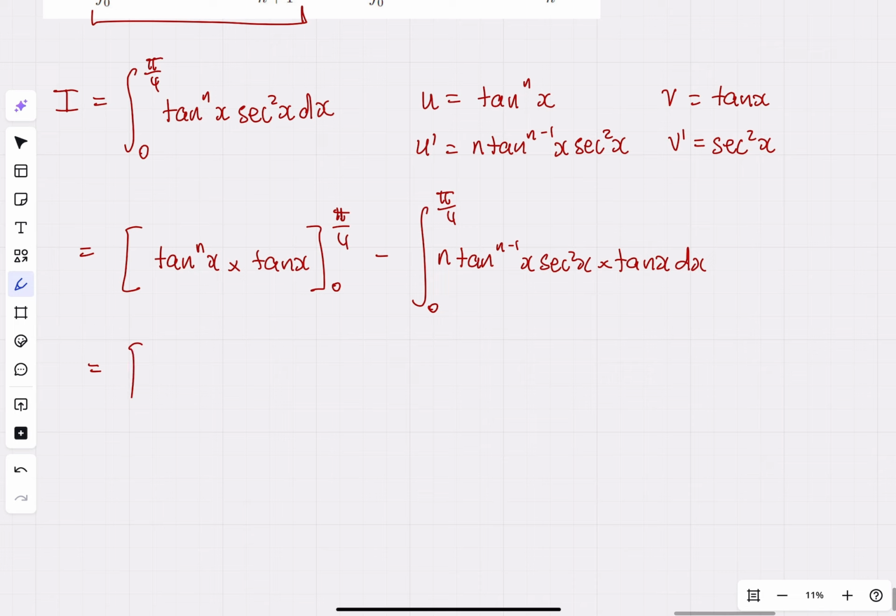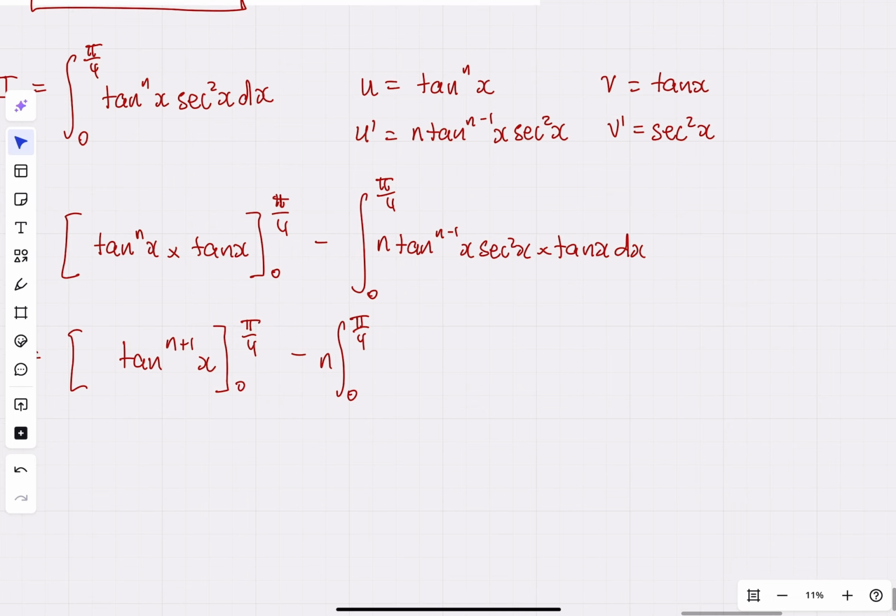And hopefully what you can notice here, so this is going to be tan to the n plus 1 x from 0 to pi over 4 minus n lots of the integral from 0 to pi over 4 of these multiply to just give me a tan to the n x sec squared x dx.